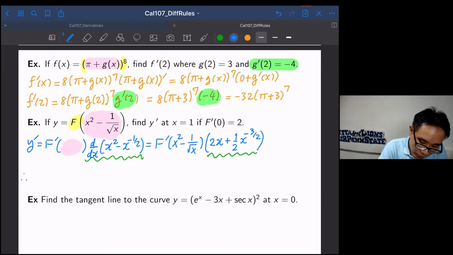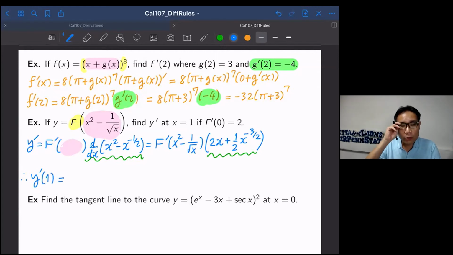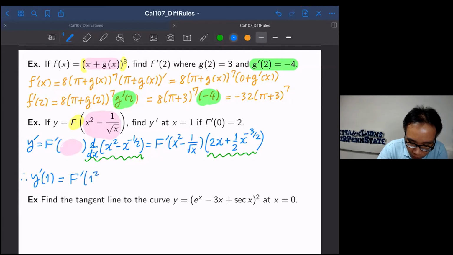And so you would get y' equal to f'. What you need is y' at x equal to 1, so I'm going to write y'(1). So y'(1) means you plug in x equal to 1. So it's going to be f' of (1 squared minus 1) over root 1, and you multiply with 2 times 1 plus 1/2 times 1 to the negative 3/2.